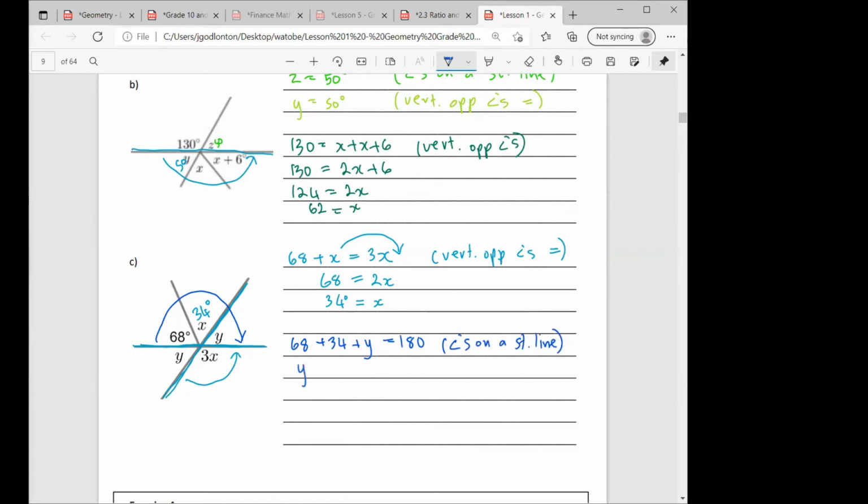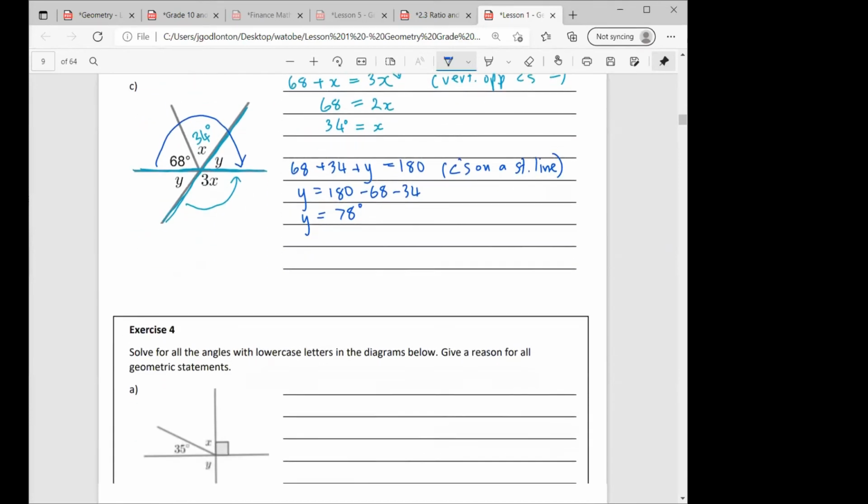And so y is going to equal 180 minus 68 minus 34, which means y is going to equal 78 degrees. Nice, Andile. Yes. Timwani, I think that it may have been an adding error. So just have a look at where your numbers are and just see if you subtracted everything that you needed. Oh, there we go.